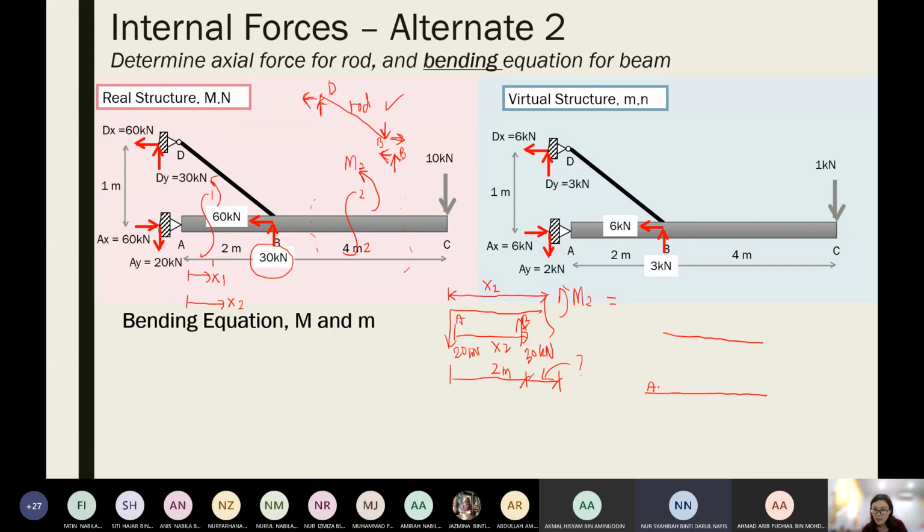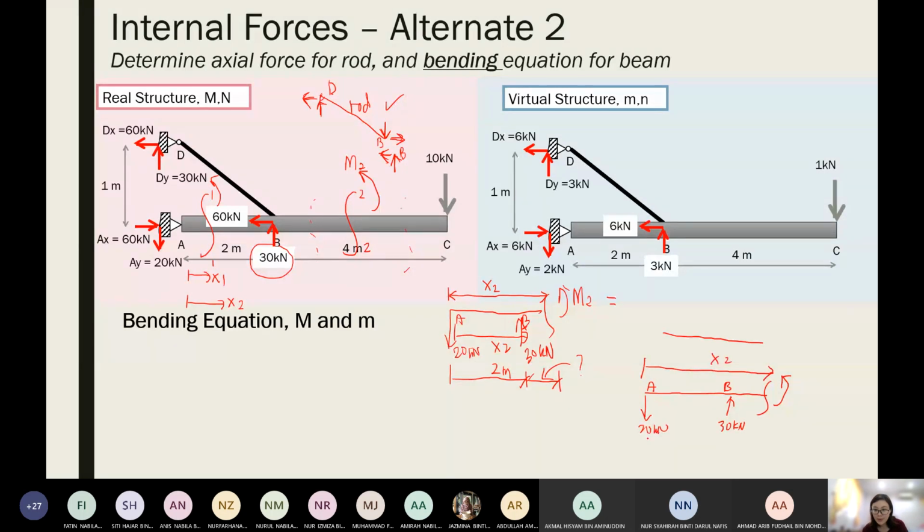Now here, this is A, this is B. At A, I have 20 kilonewton. At B, I have 30 kilonewton. This is my cut section somewhere around BC. I don't know where, but I do know that from A to this cut section, the distance is x2.